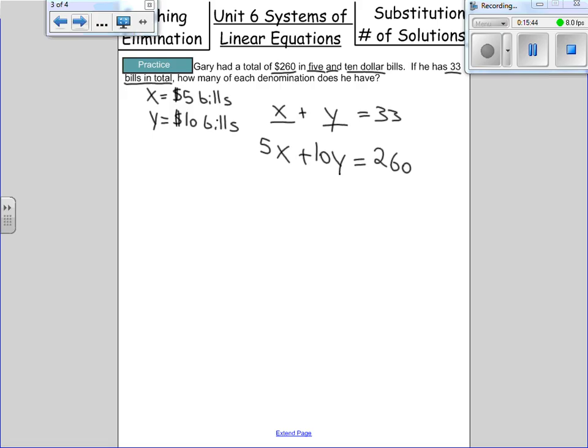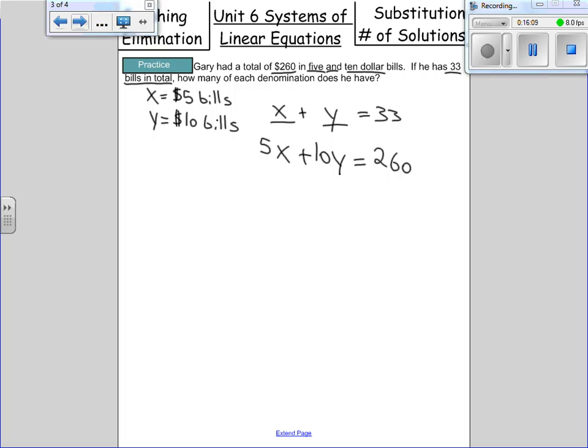What do I have to have in order to do elimination, Maya? A common y or a common x value. So I need either 5x in both, or 1x in both, or 10y in both, or just 1y in both. The y's and the x's, one of them has to be equal. You need the same amount of one as you do in the other.